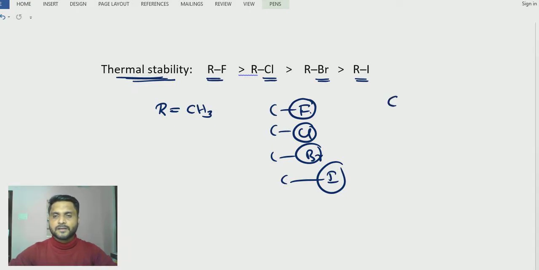That means the carbon-fluorine bond is the smaller bond and carbon-iodine the larger bond. Which one is easy to break? The carbon-iodine bond is easy to break. As the size of the halogen atom increases, bond length increases, and it is easy to break the bond. That means carbon-fluorine is a stronger bond, so it is more stable, and the least stable are the iodides, right?